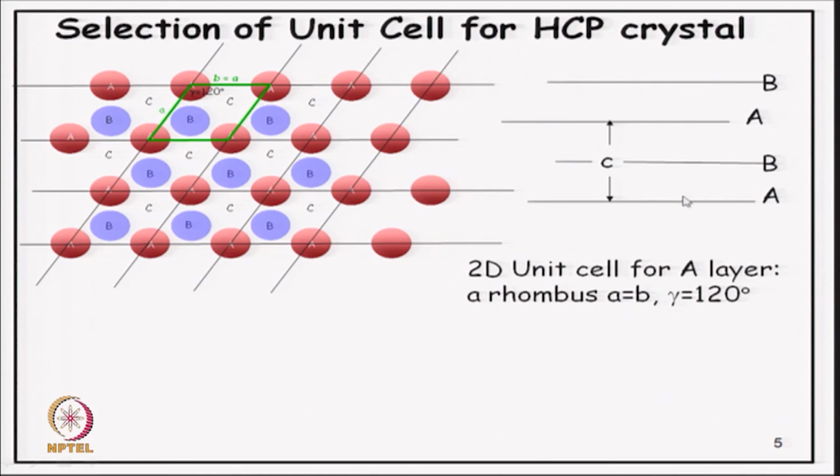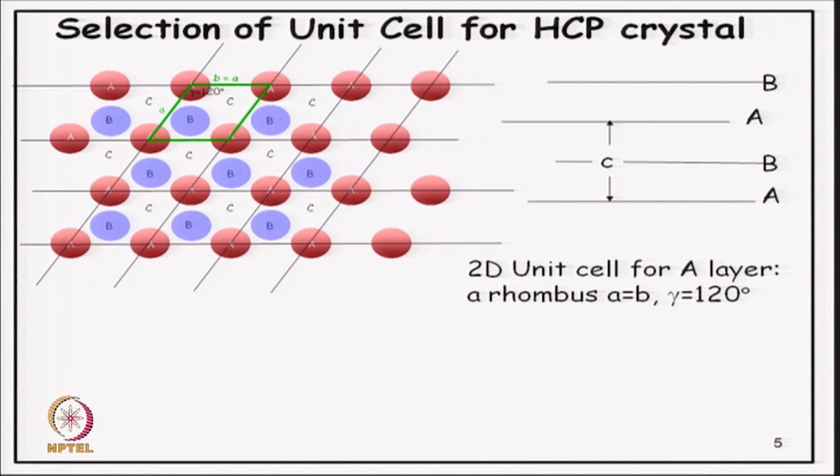Now, we have already seen that the B atoms are not equivalent to A. So, since we have selected our corners as lattice points in the plane A, the next set of lattice points will form the other corners of the unit cell.